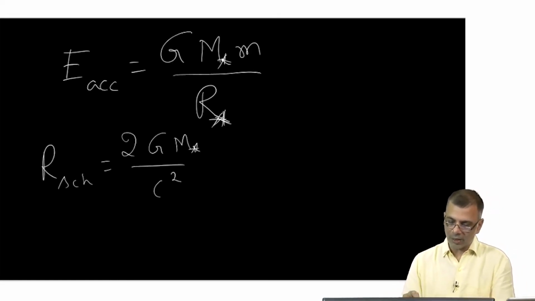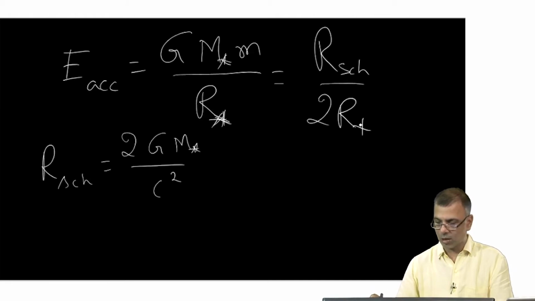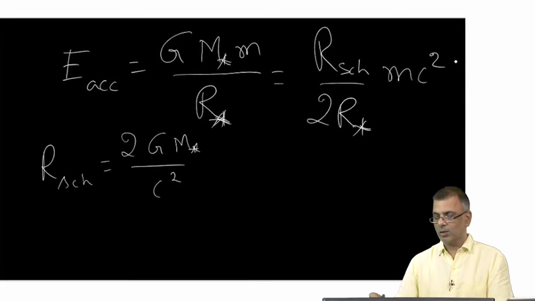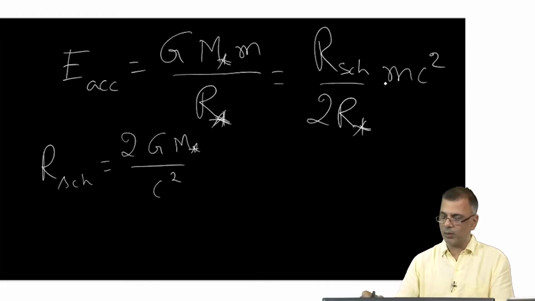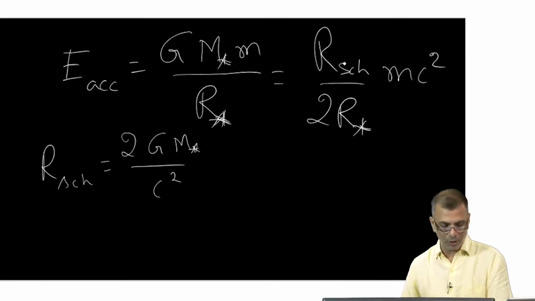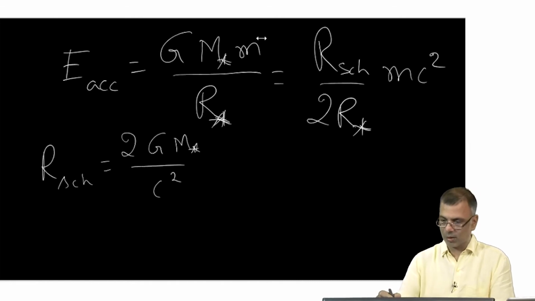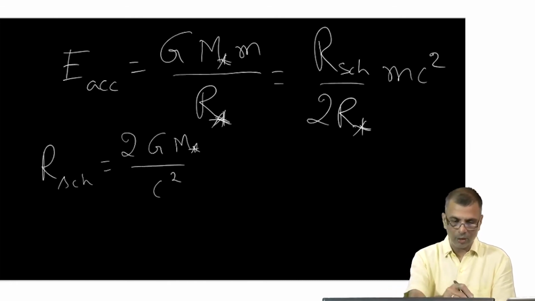In units of this radius, the energy becomes r Schwarzschild over 2 r star, times mp c squared. So you really should be comparing this one with 0.007, as this mc squared is the same mpc squared that you saw here.